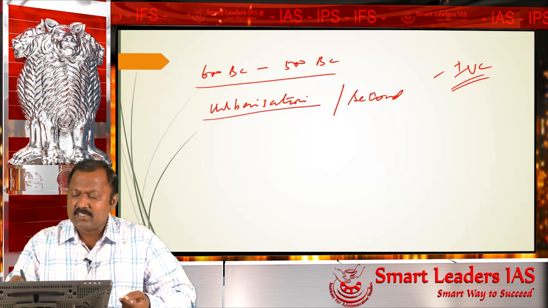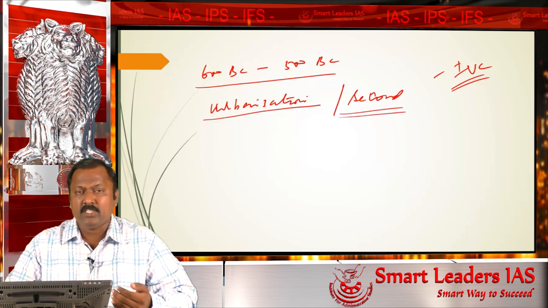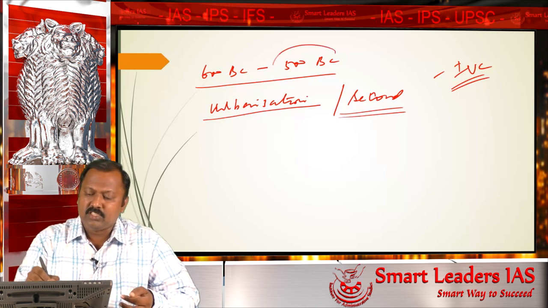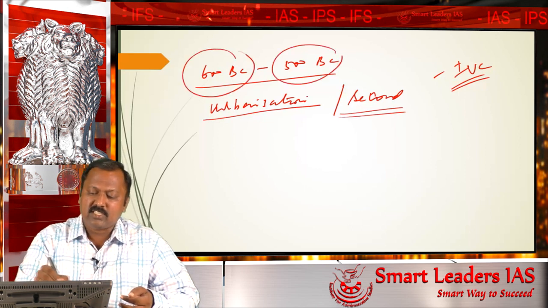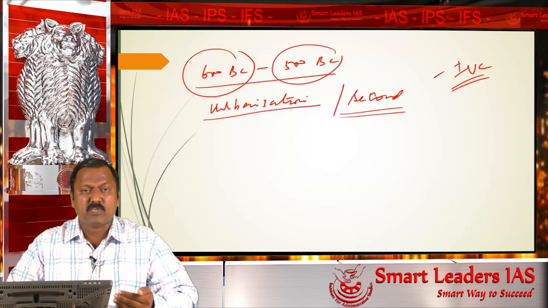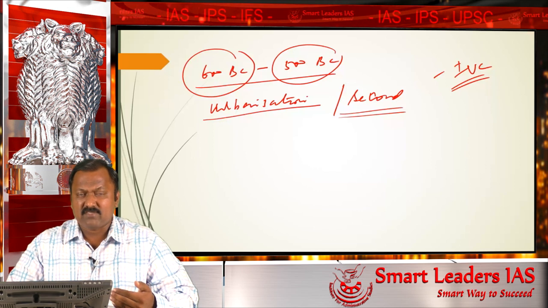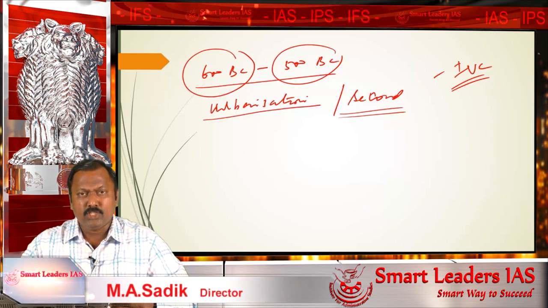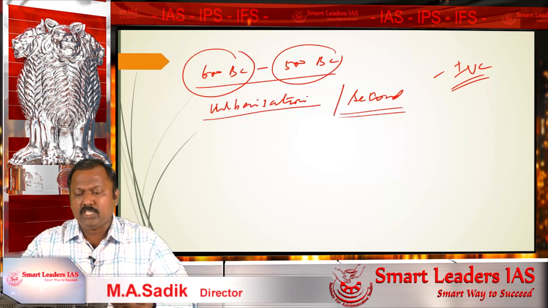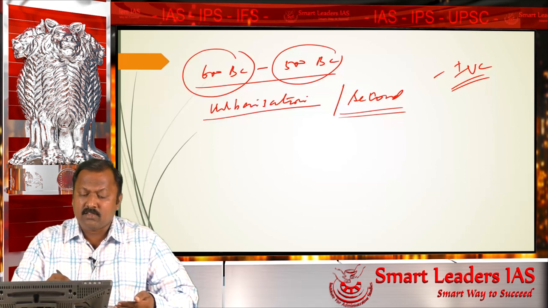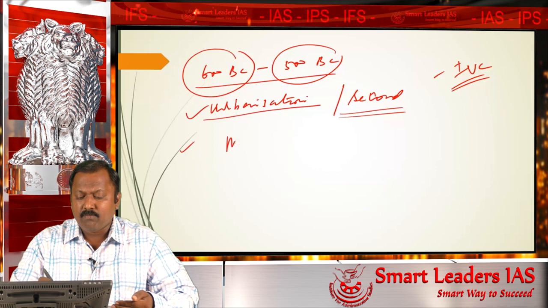The second urbanization in India happened around 1500 years after the Indus Valley Civilization, during 600 BC to 500 BC. There are many factors responsible for the emergence of urbanization during this time. We will not discuss them elaborately here, but it is sufficient to know that the second urbanization emerged during 500-600 BC, and this period can also be called the period of Mahajanapada.